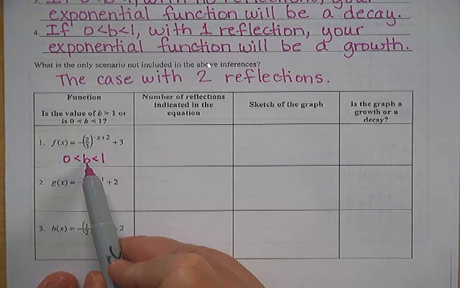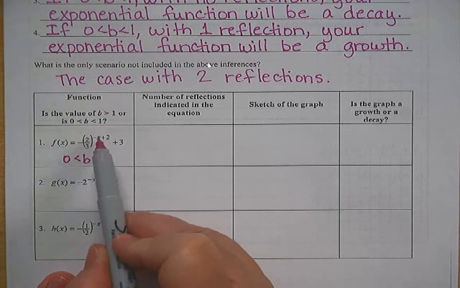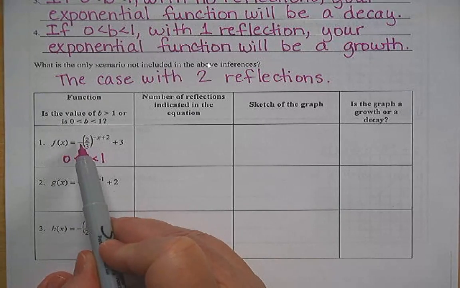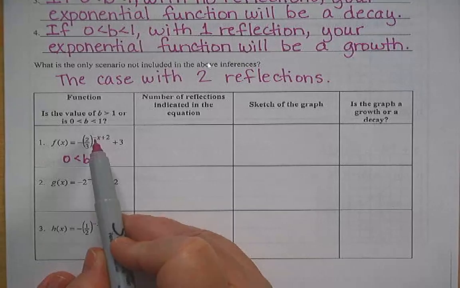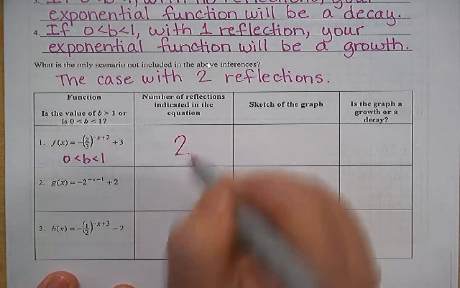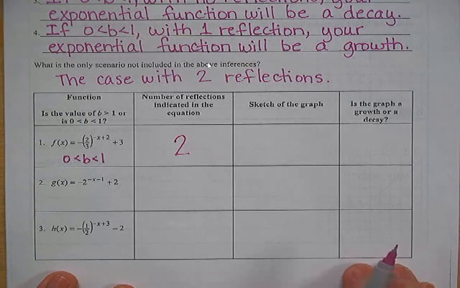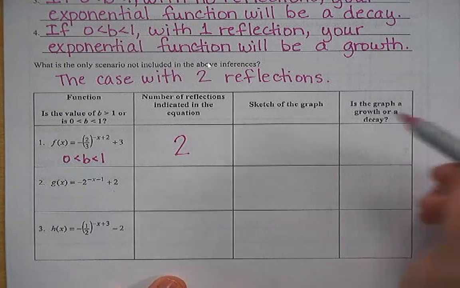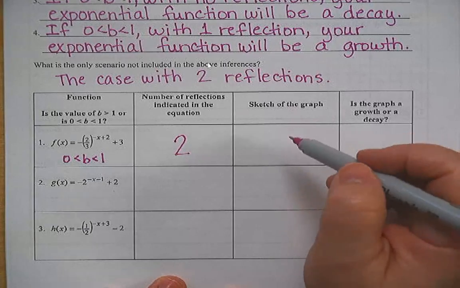That's going to cause the number to get smaller. But we have two reflections. This indicates a reflection over the x-axis. This indicates a reflection over the y-axis. So we have two reflections. So let's just think about what happens when you sketch this.